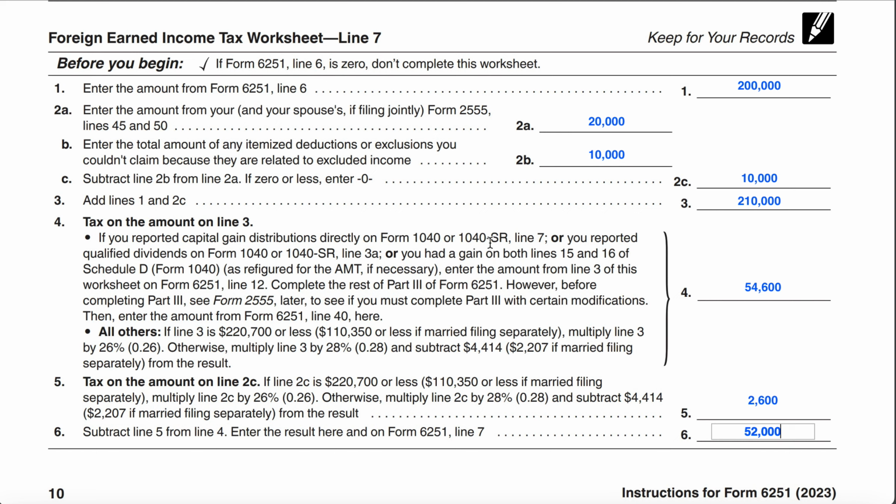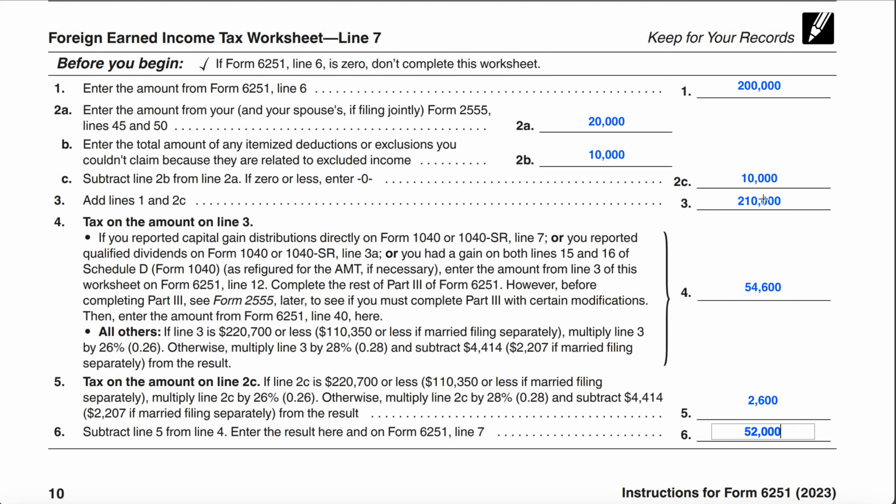So there are two ways to calculate the tax on this amount in line 3. If you reported capital gain distributions directly on your tax return, line 7, if you reported qualified dividends on your Form 1040 or 1040-SR, line 3A, or if you had a gain on both lines 15 and 16 of your Schedule D, then you'll enter the amount from line 3 of this worksheet onto your AMT tax form, line 12.